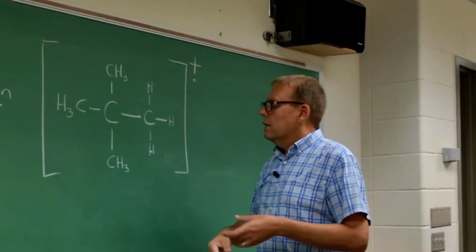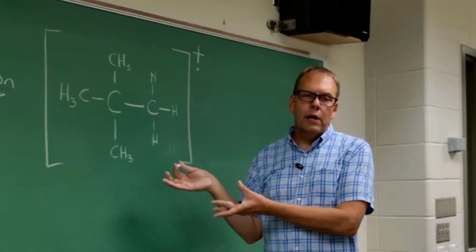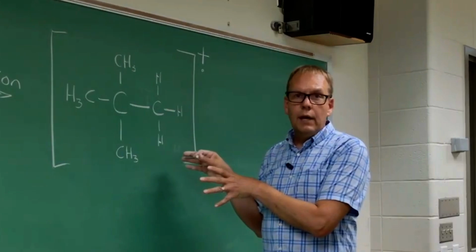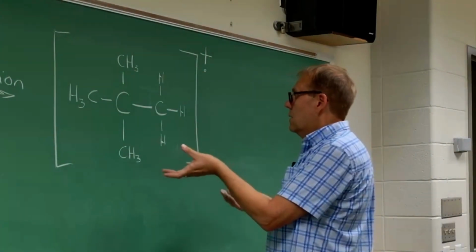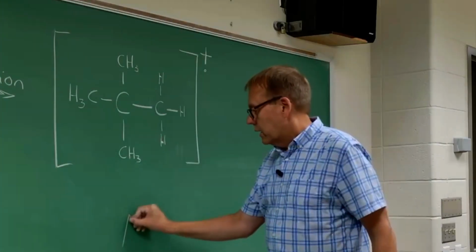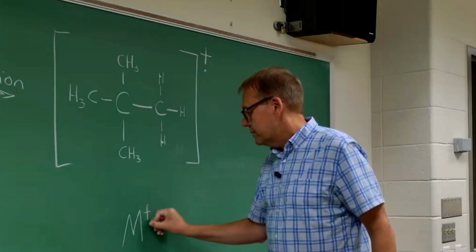And that's meaning this is a molecule that's lost 1 electron. We're just not specifying where it is. And it's just a representation that is going to be like a more detailed way of drawing M plus dot.